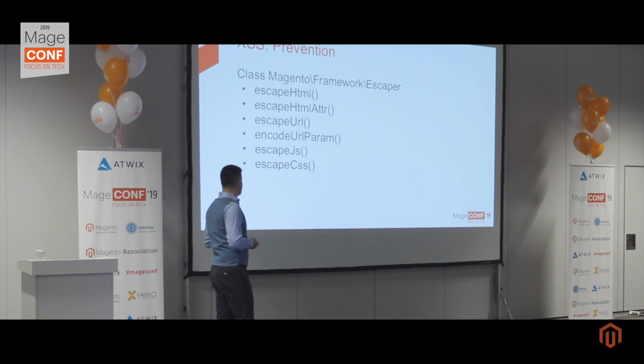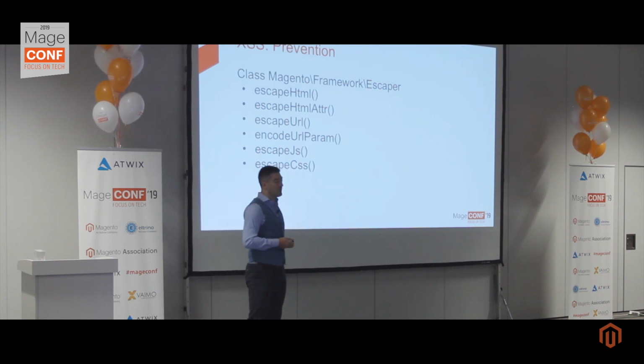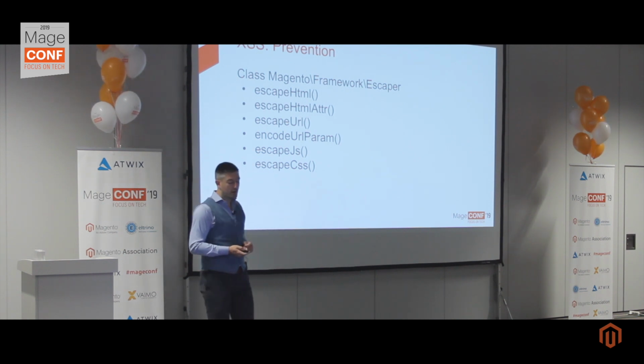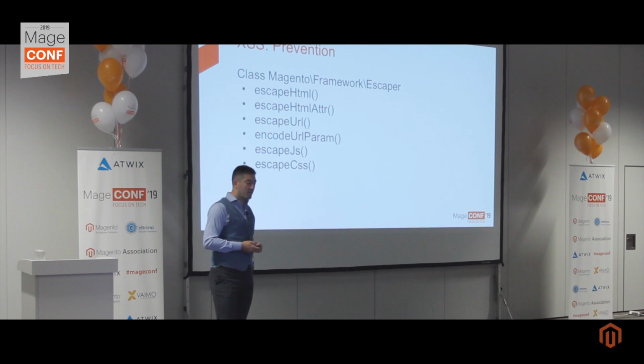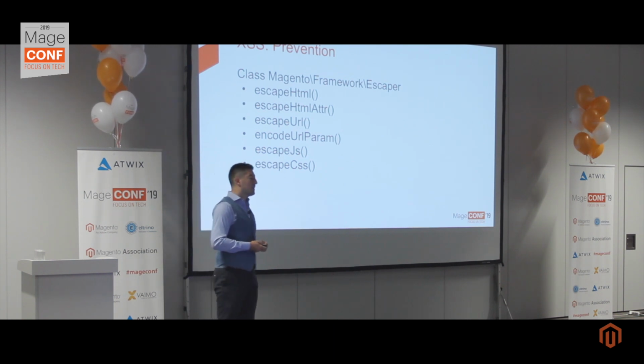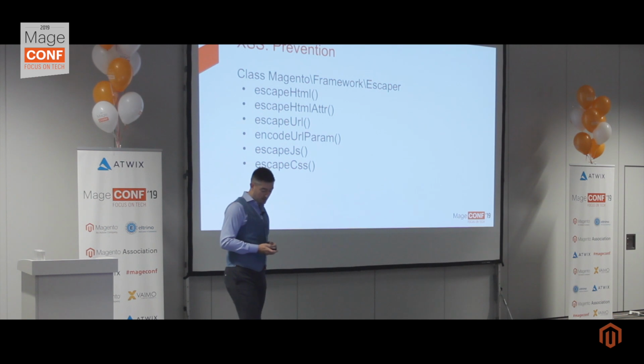This class, Magento Framework Escaper, is injected into the abstract block, and you have a couple of functions. They are pretty much self-explanatory: escapeHtml you're using for escaping HTML content, HTML attributes, URLs, JavaScript, CSS.